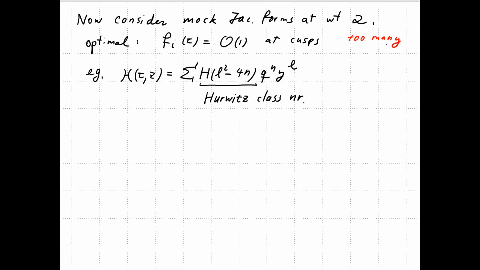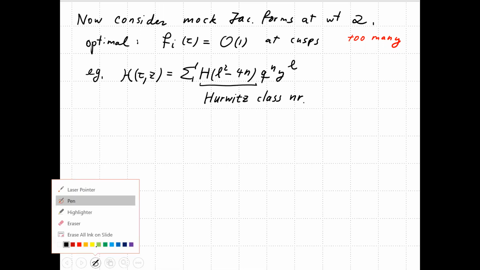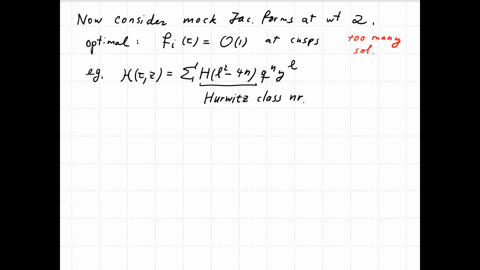So too many solutions. So how do we cure this problem to have an interesting classification problem, just like before in the weight 1 case? So we define the notion of alpha-optimality.